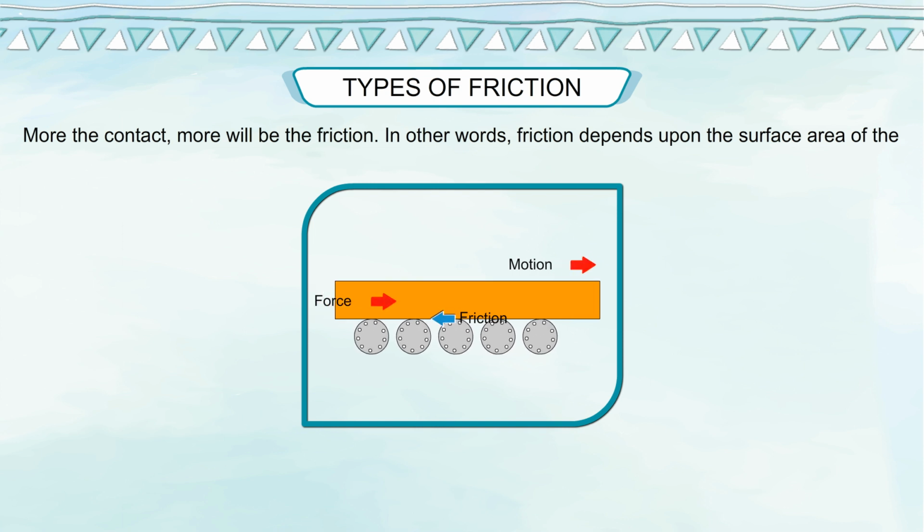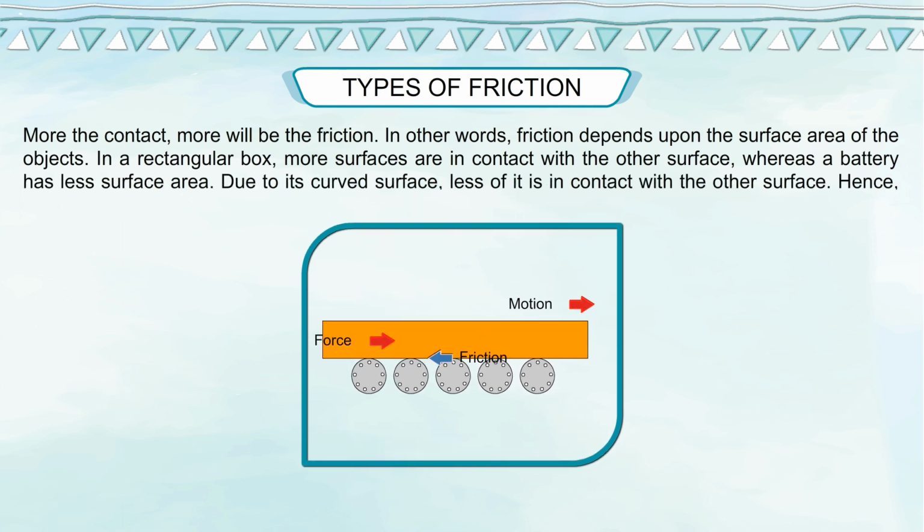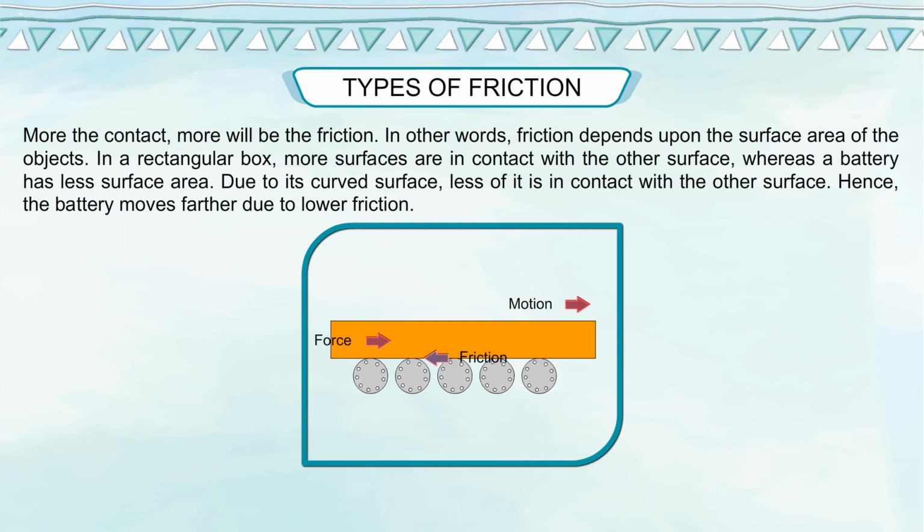In other words, friction depends upon the surface area of the objects. In a rectangular box, more surfaces are in contact with the other surface, whereas a battery has less surface area. Due to its curved surface, less of it is in contact with the other surface. Hence, the battery moves farther due to lower friction.